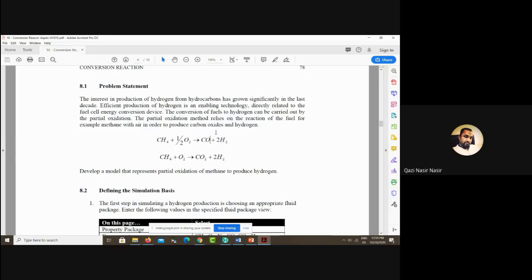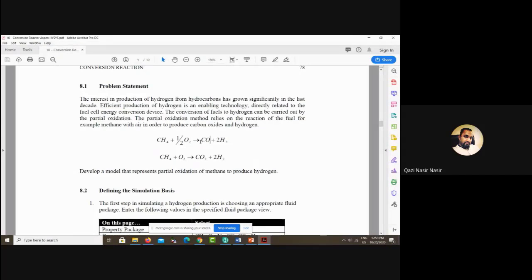You can minimize these, which we will do in the next chapter. First, we will see how much carbon monoxide, carbon dioxide, and hydrogen we are producing. In the second part, we will try to minimize carbon dioxide and carbon monoxide in order to increase the production of hydrogen. That we will do later on.